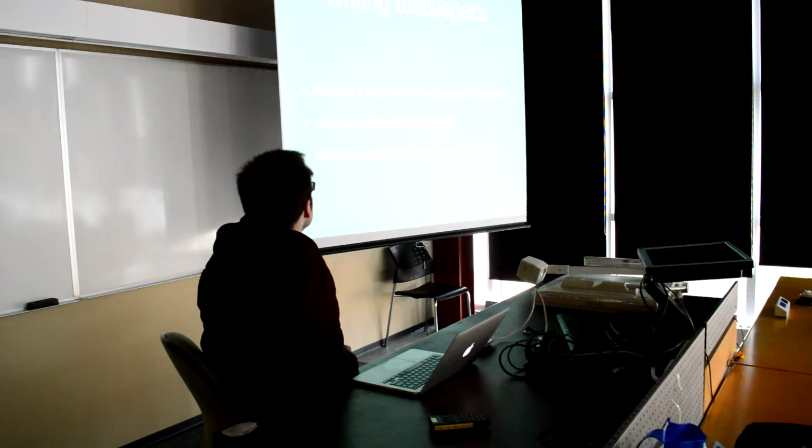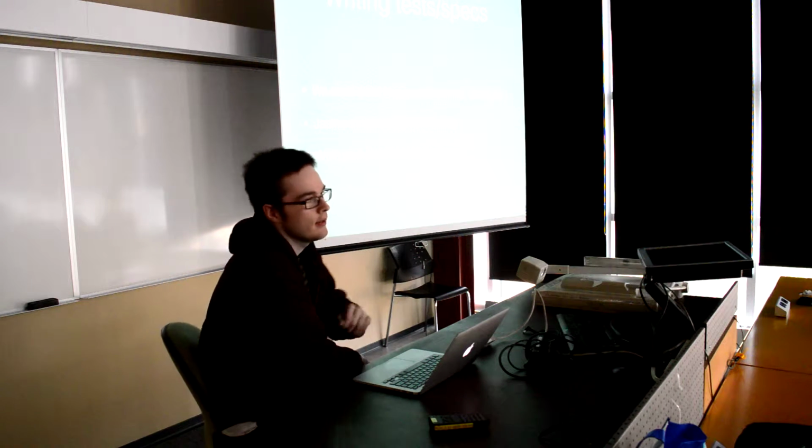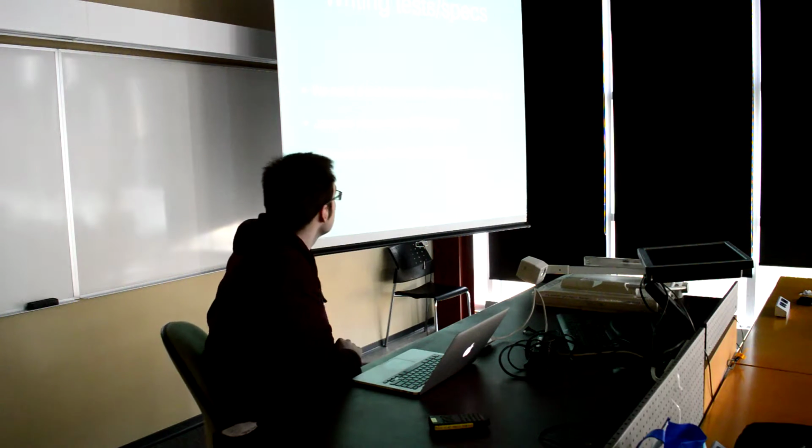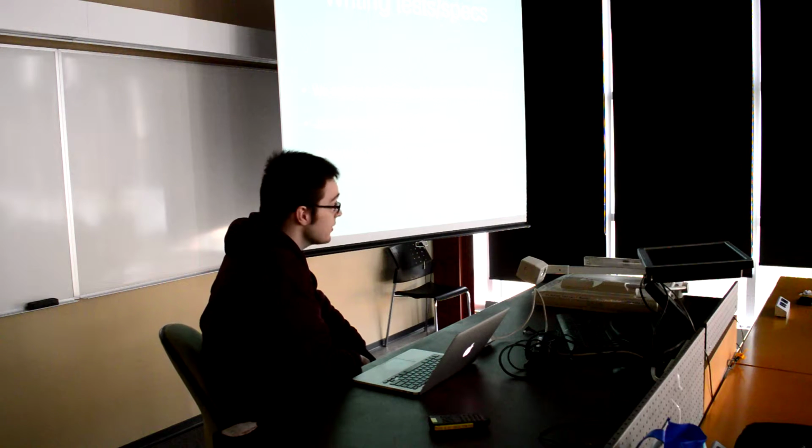So how do we actually write tests or specs? We need a test framework. And thankfully, JavaScript has many, or at least 3 popular ones. So we have Jasmine, QUnit, and I think there's Mocha as well.